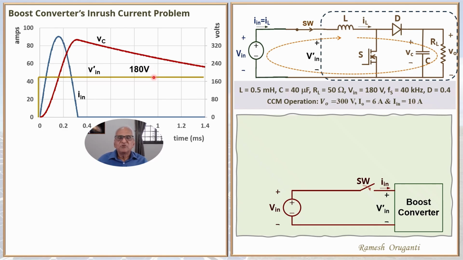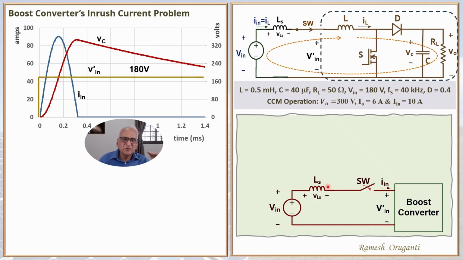One reason V dashed in can dip is because of any inductance here. Between the source and the boost converter, there is going to be a wire connection or a PCB trace connection that will have some inductance, self-inductance of the wire or trace. Because of this di by dt of the input current, that inductance will drop some voltage. So V dashed in will be V in minus VLs.